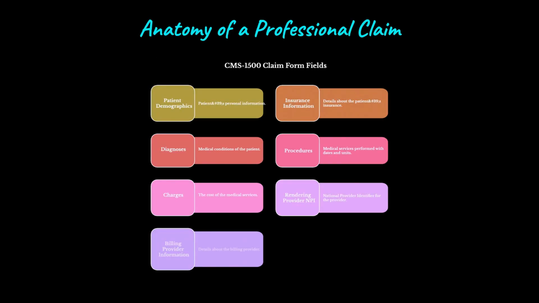Mechanically, every professional claim carries the same core fields: patient demographics, insurance information, diagnoses, procedures with dates and units, charges, the rendering provider's national provider identifier, and billing provider information. The electronic 837P follows the same structure with extra metadata and validation.